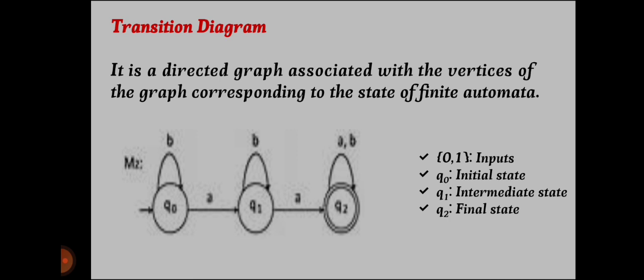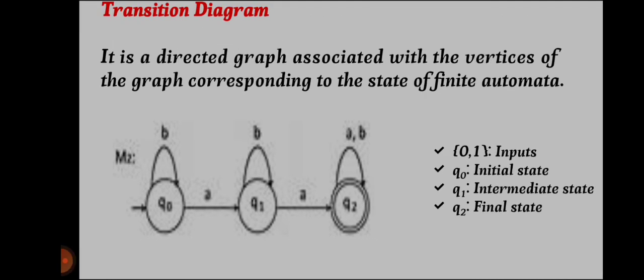It is a directed graph with vertices corresponding to the states of the finite automata. As we can see in the figure, the zeros and ones are inputs. Q0 is the initial state, Q1 is the intermediate state, and Q2 is the final state.